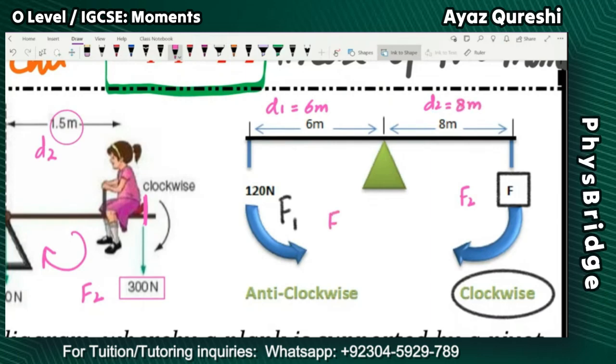F1 D1 is equal to F2 D2. I'm saying that there is a force of 120 Newton downward at this edge of the rod, and there is a force F on this edge of the rod. I do not know how much force that is, but the distances are given.